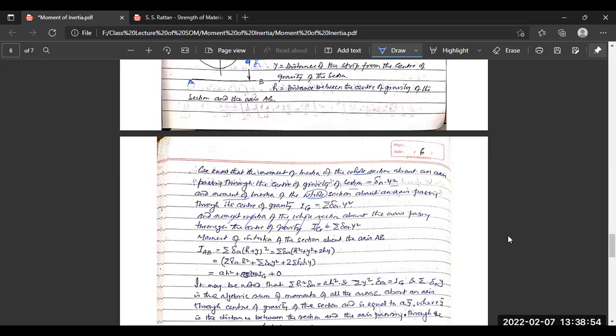If you break it up, it is sigma delta A H square plus sigma delta A Y square plus sigma delta A multiplied by 2 multiplied by H multiplied by Y.